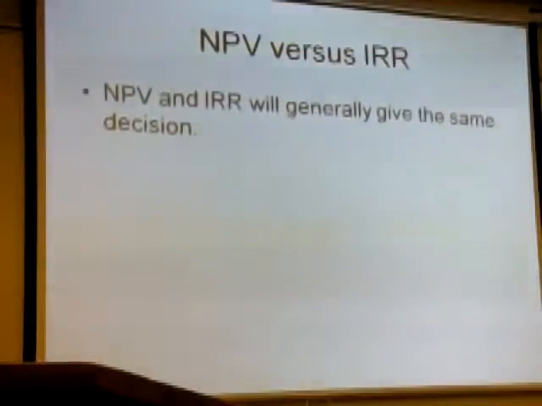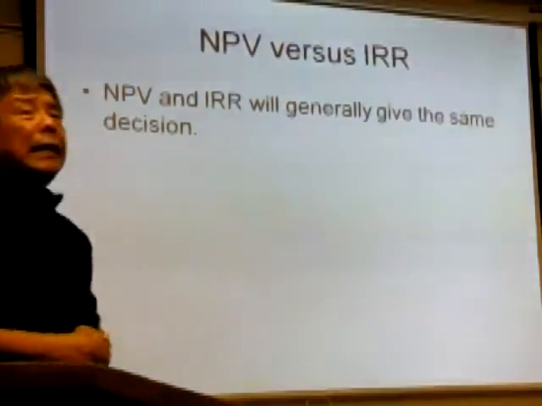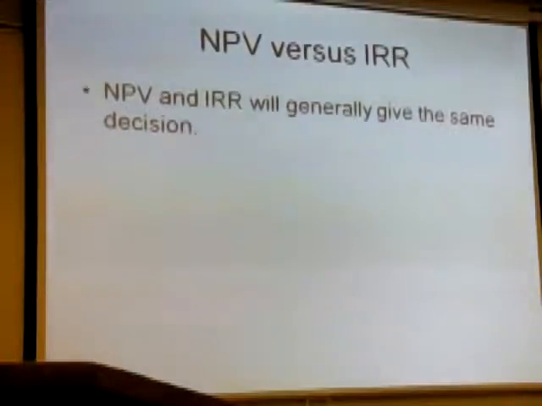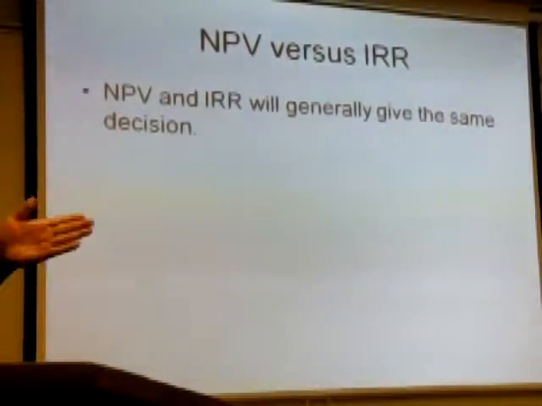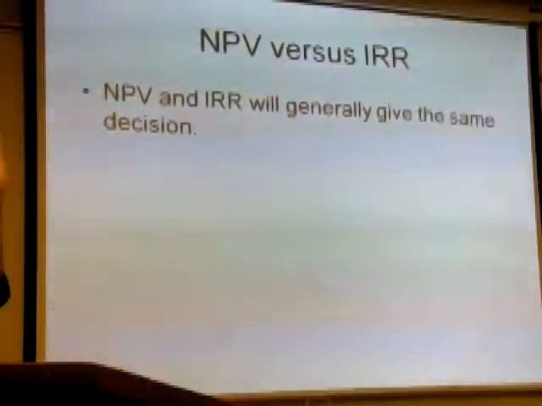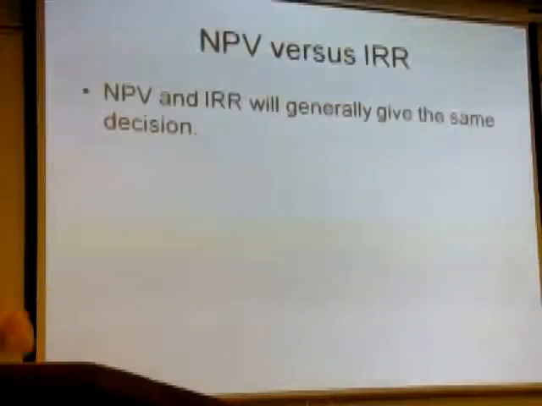NPV versus IRR. In 90%, even 95% of cases, these two criteria give you exactly the same indication. In other words, when net present value is positive, IRR also indicates that the return is higher than the cost of capital.